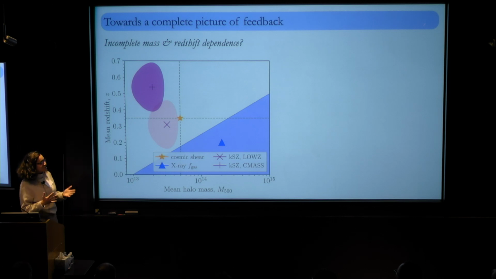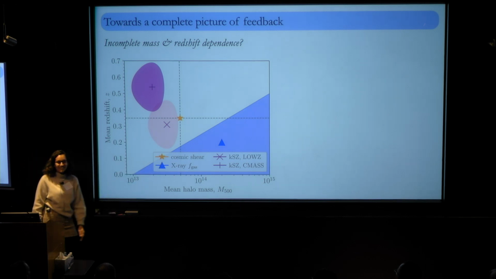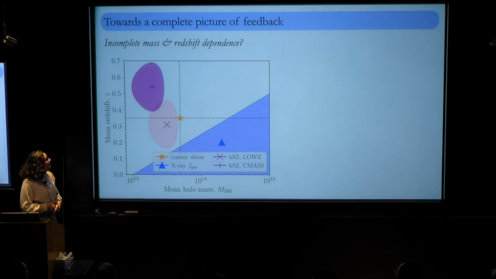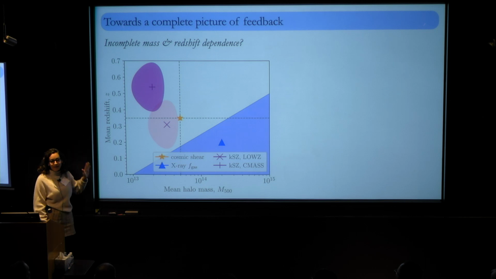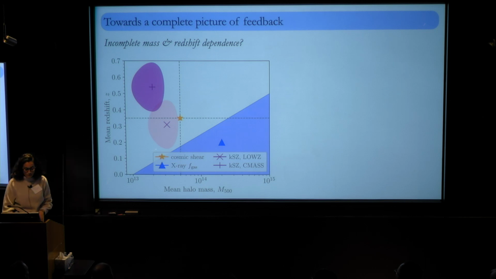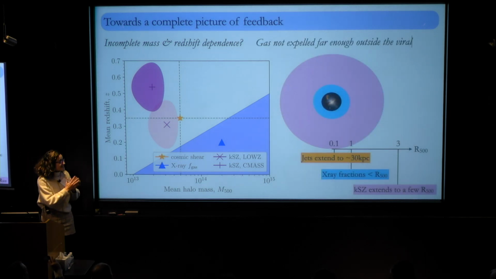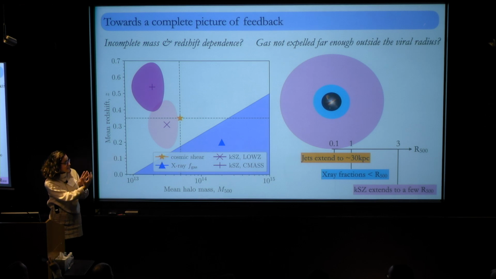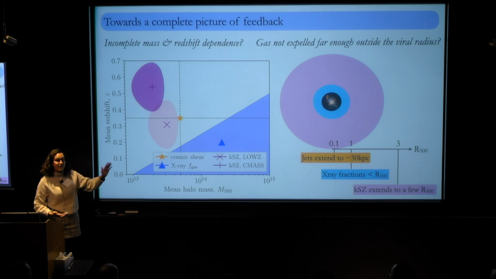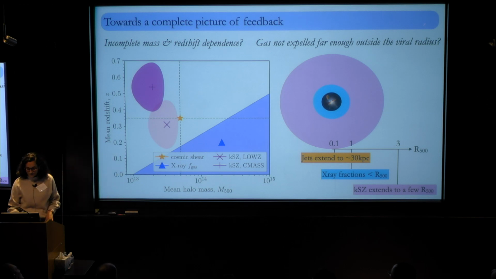So is it that when we calibrate our hydro simulations to only the blue shaded region, which is what's most important for AGN feedback, we're missing some mass dependence or some redshift dependence? The other option is the scale extent. So we typically calibrate to X-ray gas fractions, and you have no idea how far beyond the virial radius the gas is being blown. And KSE opens a new way to see that.